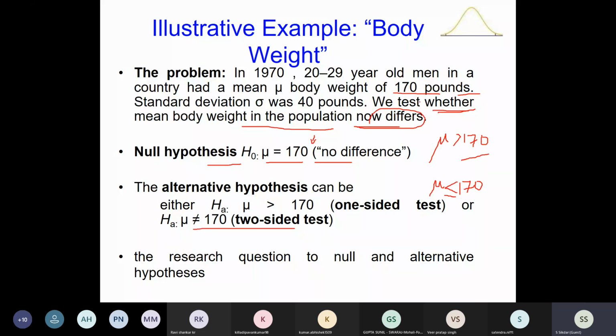But the question here was whether 170 is holding good or not. Otherwise, you can also prove the same thing, just as you said. One is greater than, and the only thing is that one has to be just the reverse, and you have to prove it. That's okay, sir. All right.